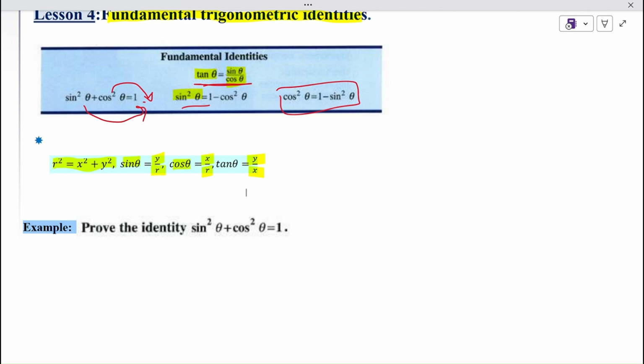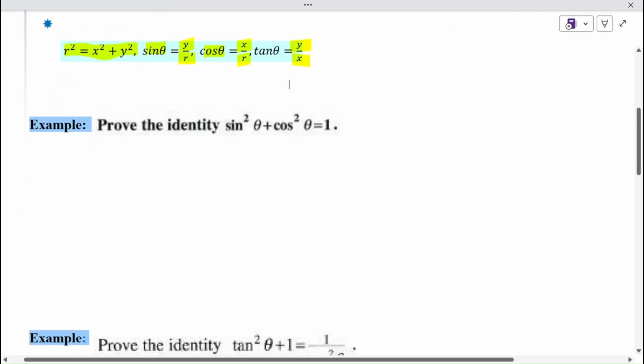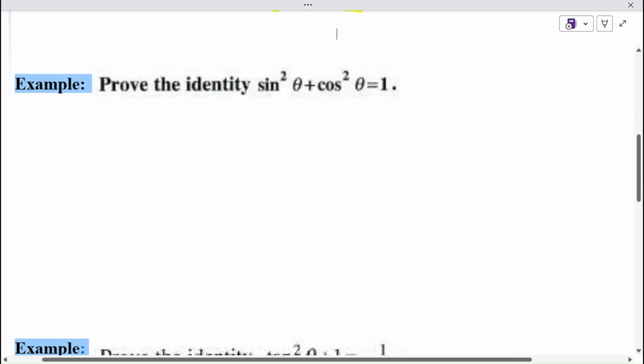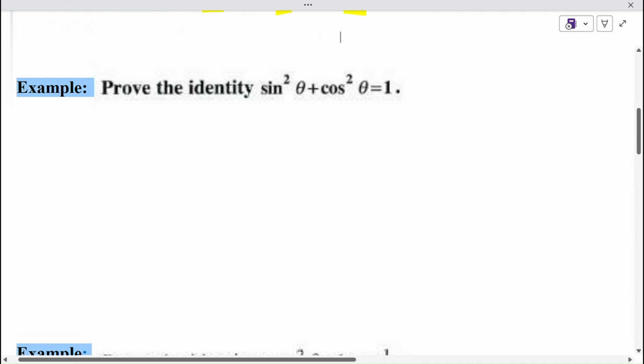Okay, in this example, prove the identity sine squared theta plus cosine squared theta is equal to 1. How can we prove it? At first, for proving every rule, you have to take the more complex side of your rule.